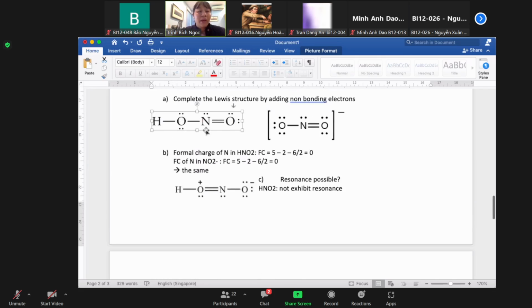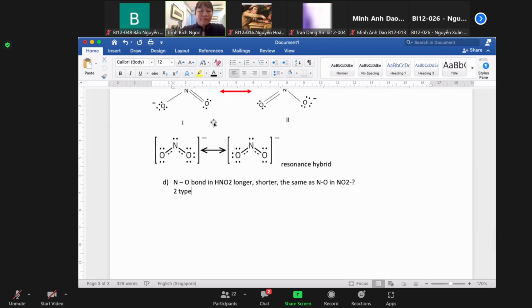The single bond NO and the double bond NO, okay? So two types of bonds NO, HNO2. One single bond and one double bond, okay?